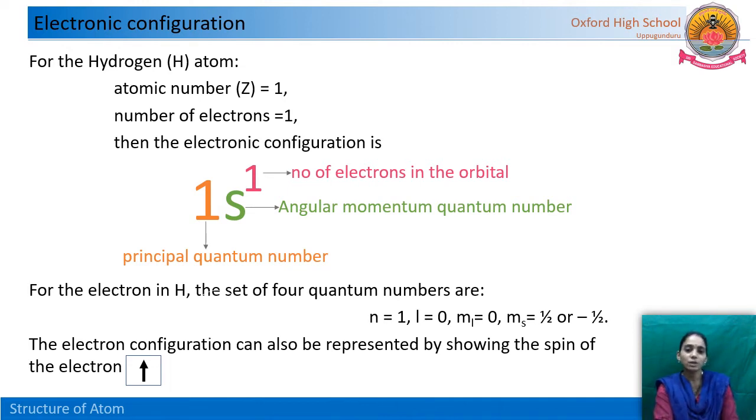So we are showing this one with an upward arrow, and the upward arrow means only one spin, that is plus half or minus half. So this is the shorthand notation, and this is the process of how to write the electronic configuration. But here we have taken the example of hydrogen atom only, that means only a single electron, so it is easy to write.